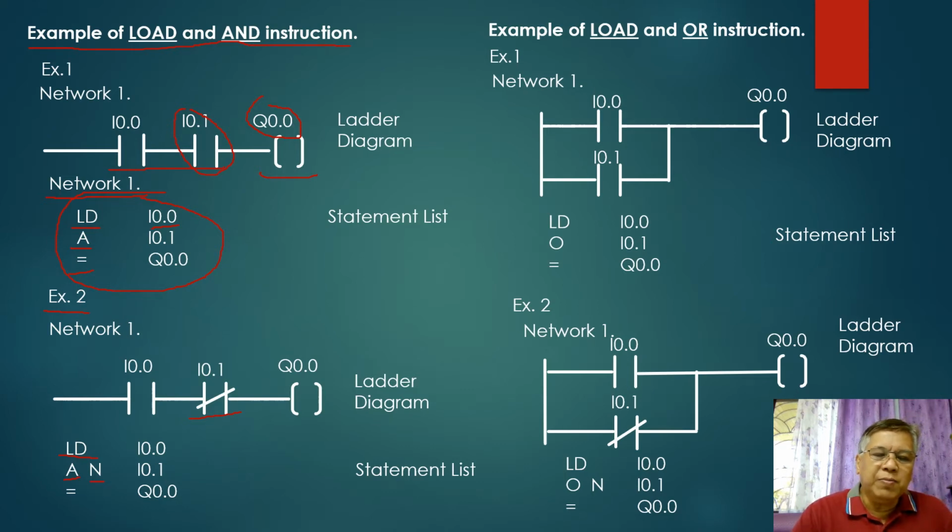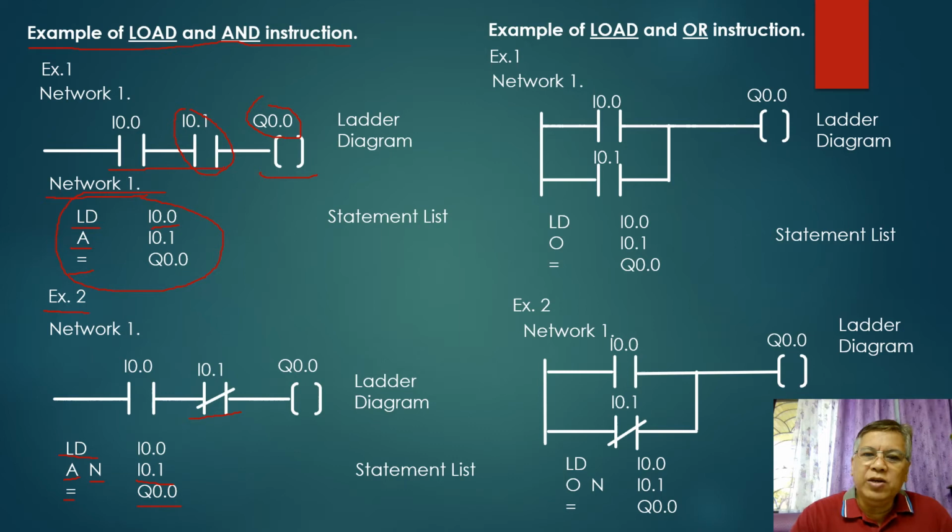From our previous definition, the normally closed contact is represented by NOT. So, AND NOT I0.1. Then equals the output Q0.0. That's an example of load and AND instructions.